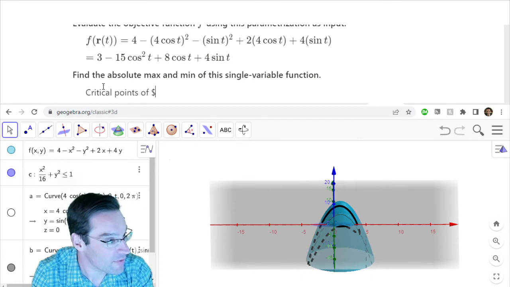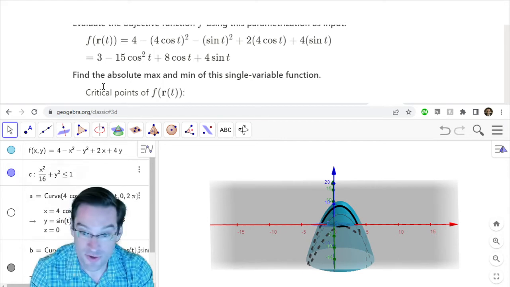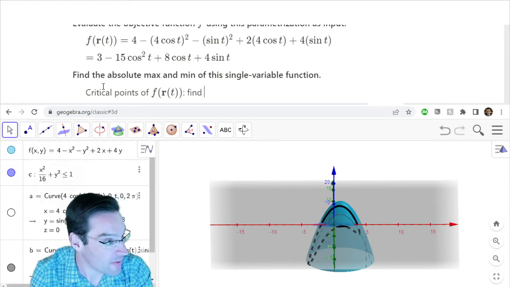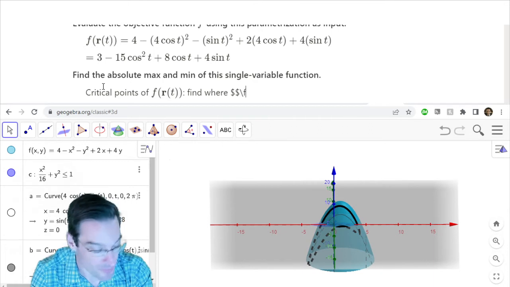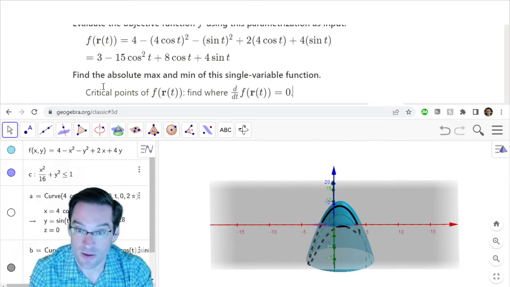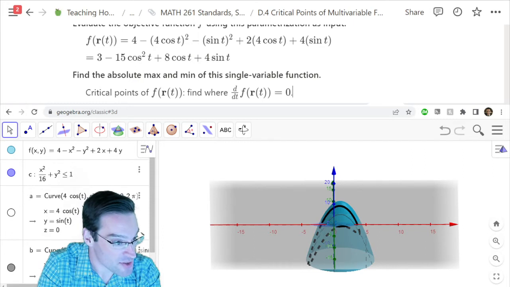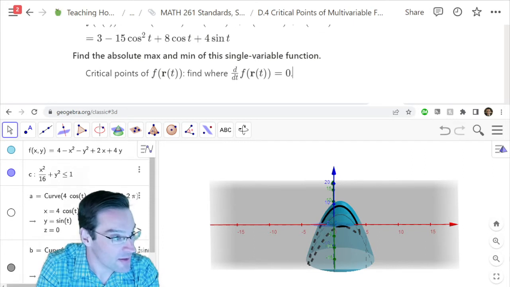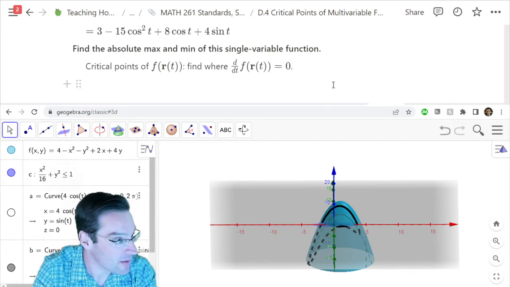According to single variable calculus, I just need to find where the ordinary derivative is equal to 0. And so now it just becomes the kind of optimization problem that you could have done in first semester calculus.